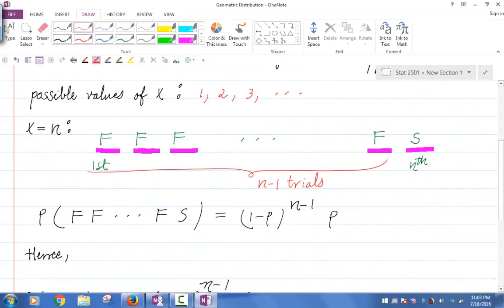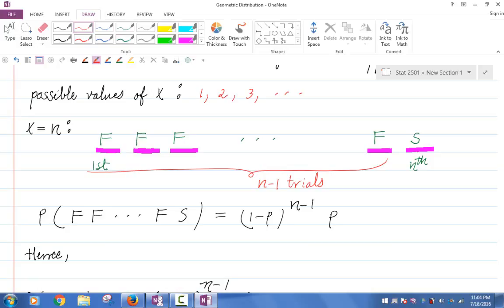Now let n be a positive integer. So let's look at the event that X is n. Well, if X is n, it means that n trials are required to obtain the first success. Then the nth trial must result in success, and the first n minus 1 trials must result in failures.